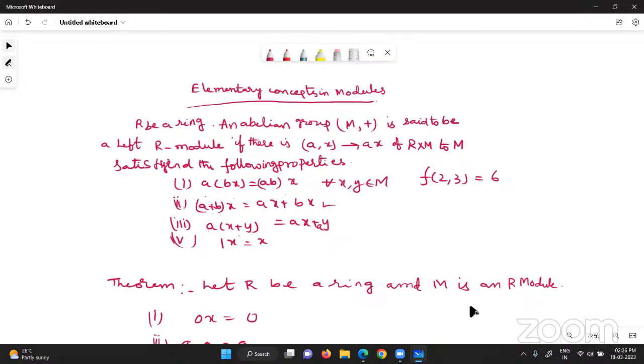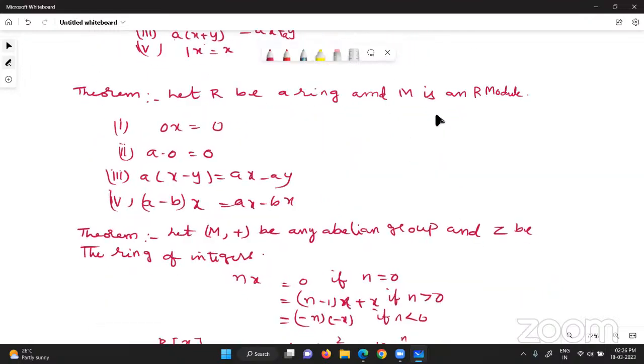Now, immediate properties of a module: in any module, 0 into x is 0, a into 0 is 0, a into x minus y is ax minus ay, and a minus b into x is ax minus bx.